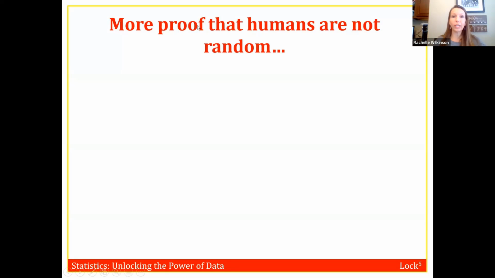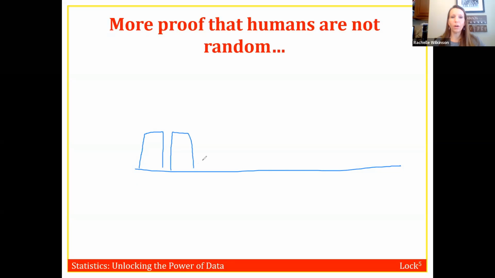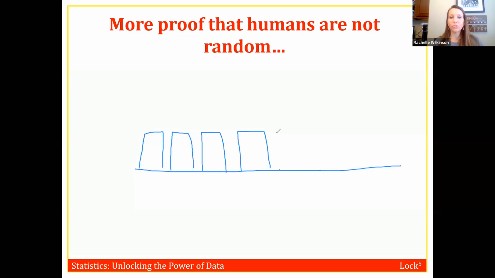So if I was going to look at a graph of that data, then my graph would look pretty much similar to this, where if I had lots of people answer my survey, my bars should look something like this. They probably wouldn't be exactly the same height, but they would be really close, and I would have more of them. It's hard to draw on a computer, so let's just pretend like you can see the rest on there.